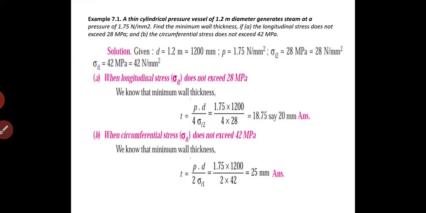Solution: given D equal to 1.2 meter, 1200 mm, P equal to 1.75 Newton per millimeter square, sigma T2 is 28 MPa, that is 28 Newton per millimeter square, sigma T1 equal to 42 MPa, that is 42 Newton per millimeter square.